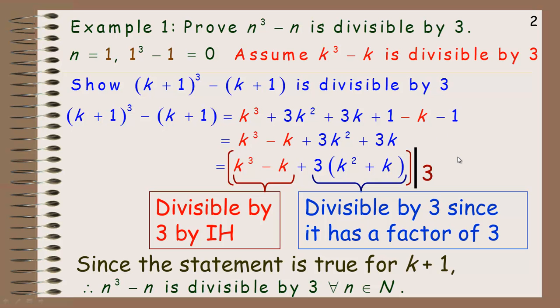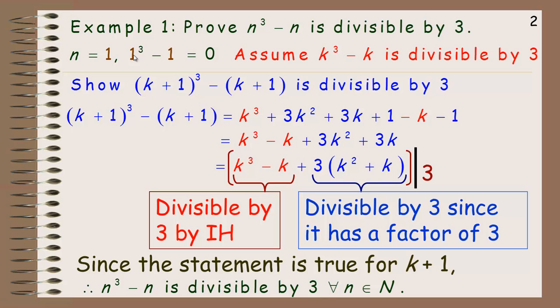Remember how mathematical induction works. We assume that for an arbitrary integer k it's true, and we show that no matter what k is, it's true for the next integer. Some people have a problem with that assumption, but what that means is that we showed it's true for the first case, so if it's true for an arbitrary integer k, and it's always true for the next integer after that, then it's automatically true for 2, the next integer after 1.